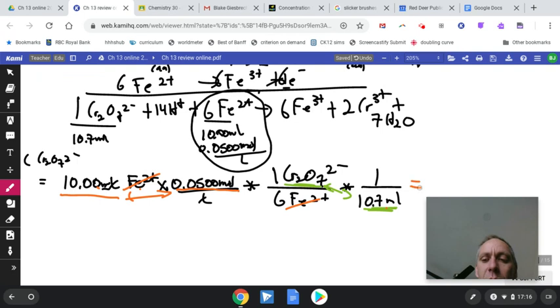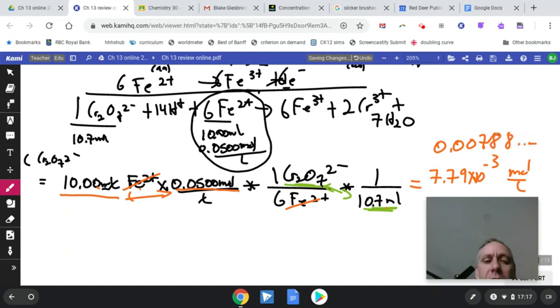Okay, so when we're all said and done, we will get moles per liter as our final unit. And when you punch it into your calculator, you should get 7.79 times 10 to the minus 3, or 0.00788 moles per liter.